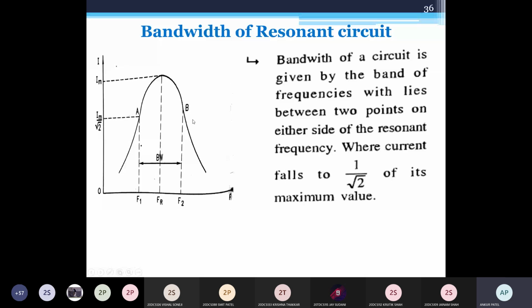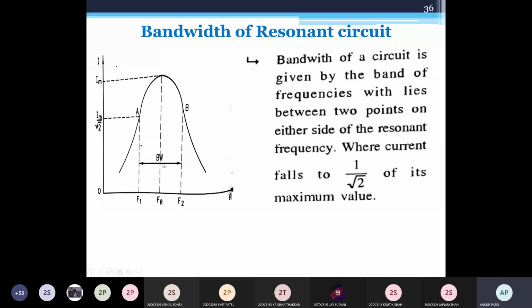Bandwidth decides the range of frequencies. Whatever band of frequency is given, that much range of frequency is allowed, and outside of that band it will attenuate or block.